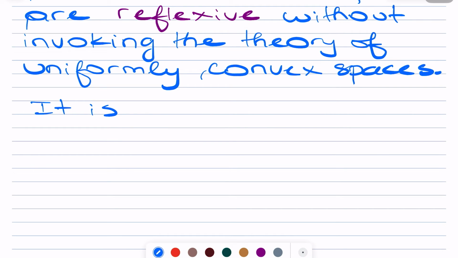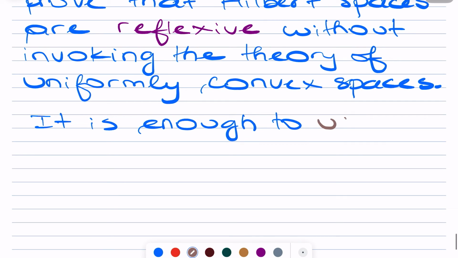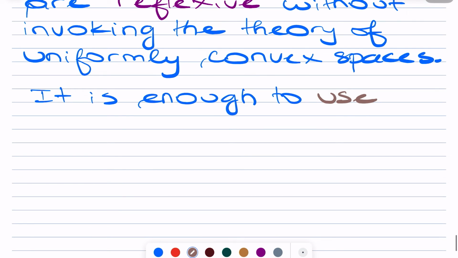It's enough for you to use twice the Riesz-Fréchet Representation Theorem. To use twice. This is theorem 5.5, right?